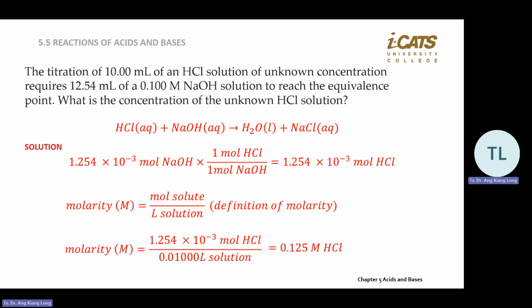Number 5. Convert the capital M concentration that you know into mole of something. This one you start from the known container, which means the one that gives you complete information.